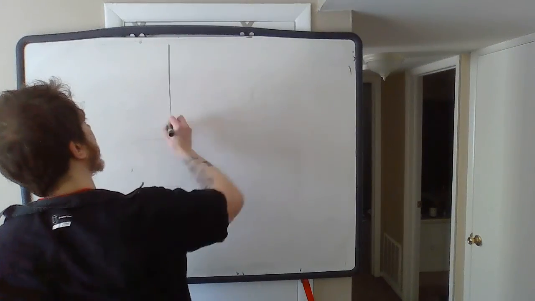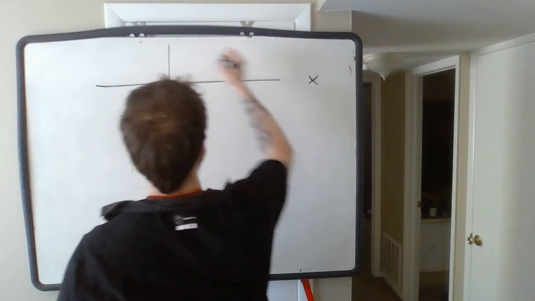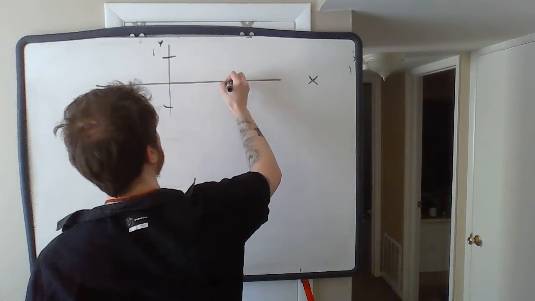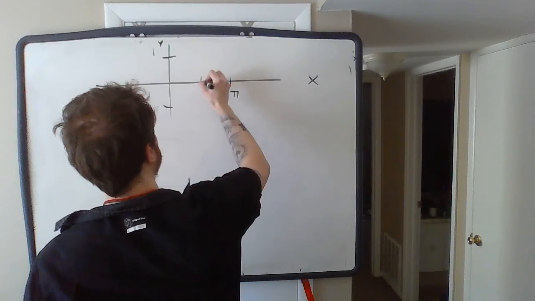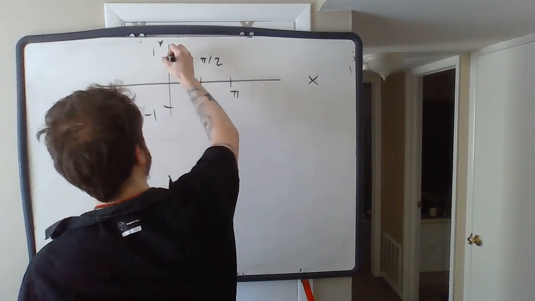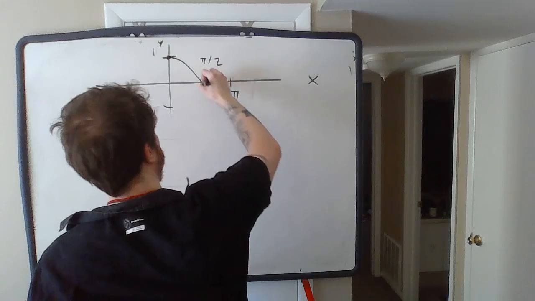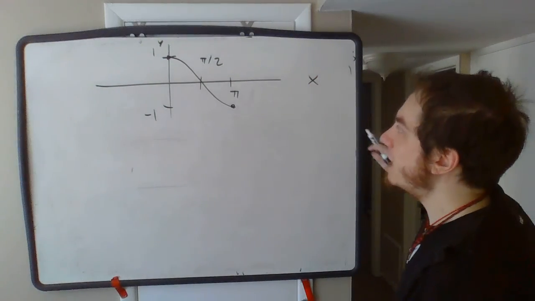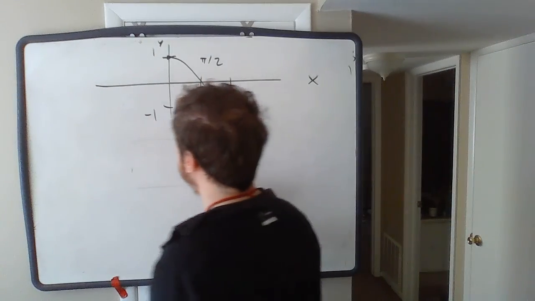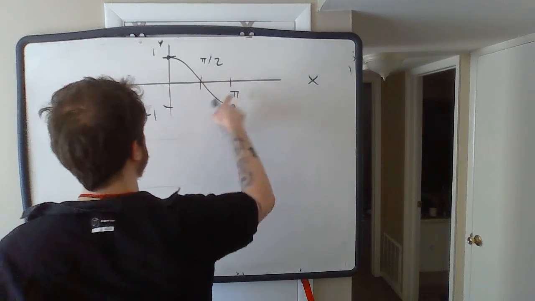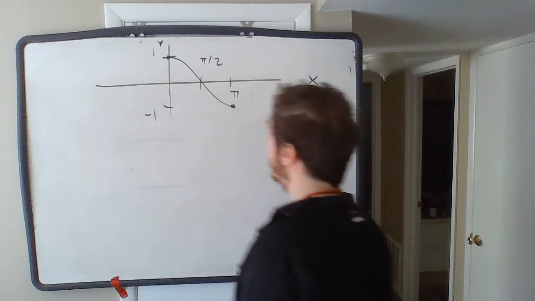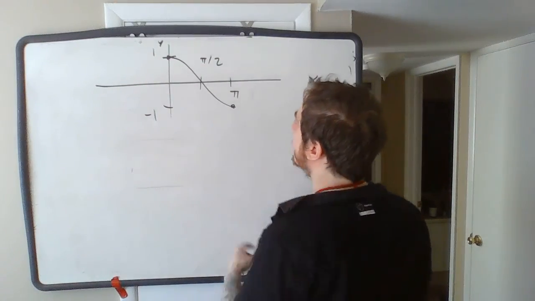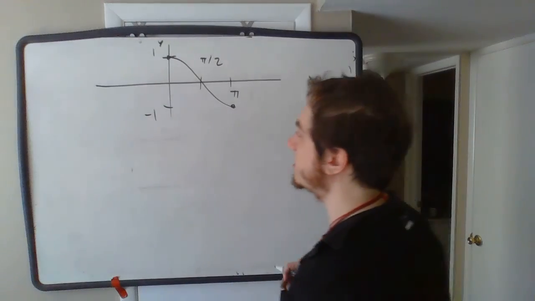Now, if I were to sketch for you what the cosine graph looks like, it starts here at the top, and it comes down, and it goes down to negative 1 by pi. And it keeps on going. But the main point is that we hit the entire range over this interval from 0 to pi. And over 0 to pi, the cosine never repeats itself because it's always decreasing.